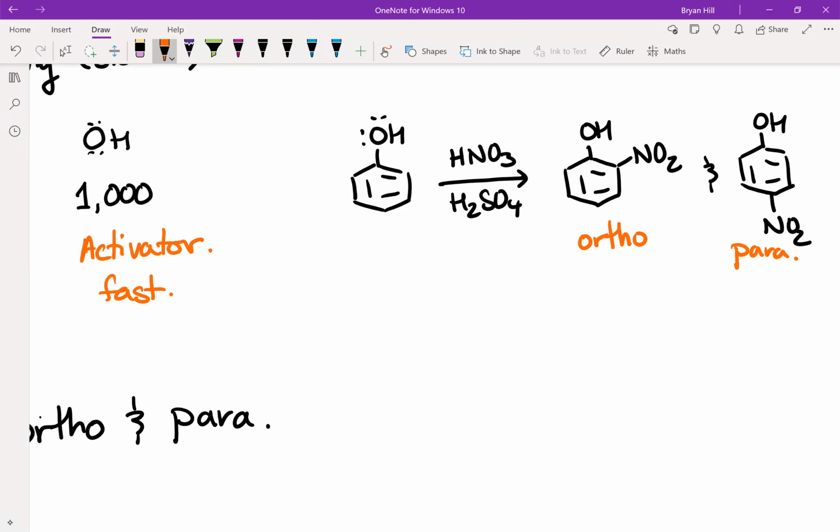Now, which one's the major product? For what we're going to worry about in this class, some people would say, well, the ortho looks like there'd be more sterics there, so it should be para. When you do big bulky groups, para is the predominant one. But on a test, I will say only draw the ortho isomer or only draw the para if there's an option.